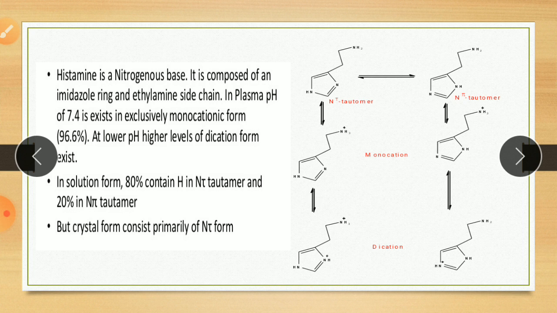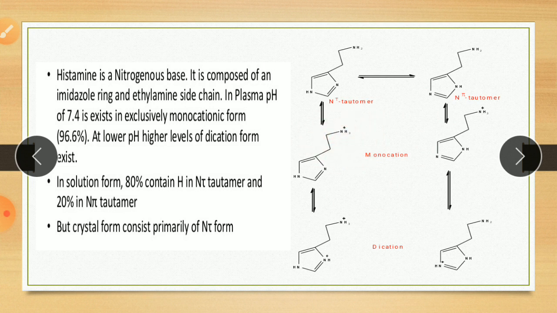So at physiological pH, that is 7.4, histamine 96% exists in this monocationic form, which contains a plus charge on this alpha nitrogen.